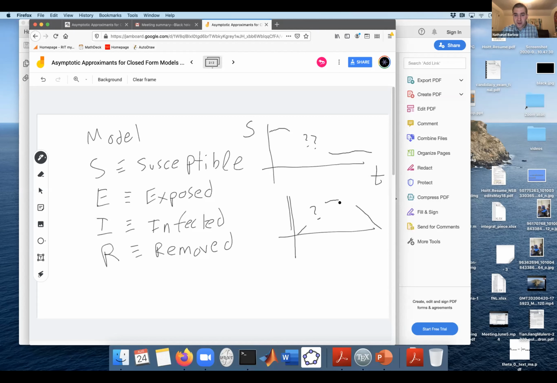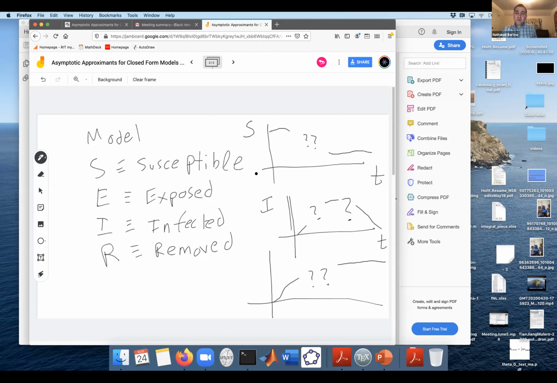We don't know what happens in between, but we know this is how the infected versus time is going to look. And then recovered, right? Of course, nobody's going to have it at the beginning, so this is going to start at 0, and then we also know that eventually this is going to plateau. There's just some constant as time goes to infinity.